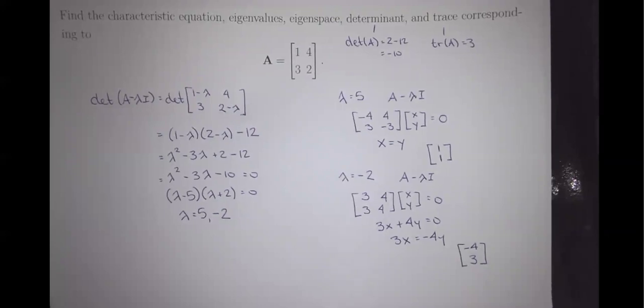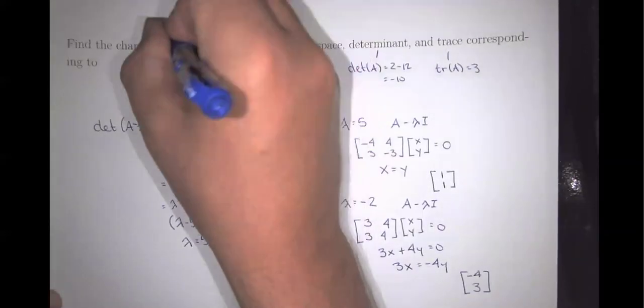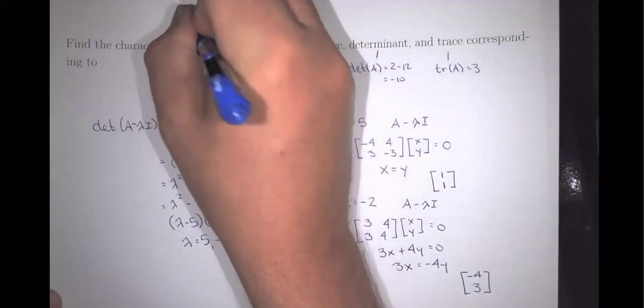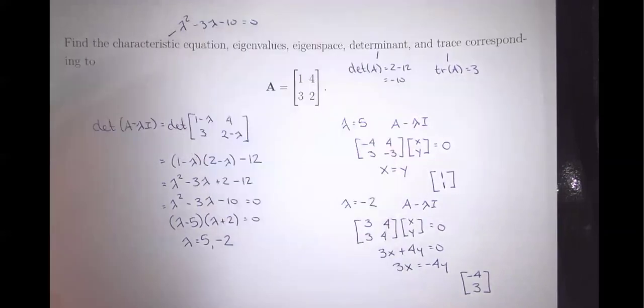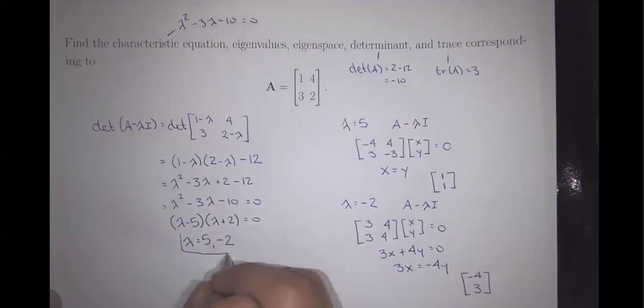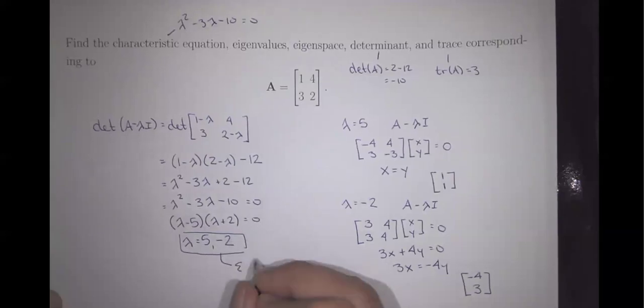So to recap, our characteristic equation, this guy here, is given by lambda squared minus 3 lambda minus 10 equals 0. Our eigenvalues are lambda equals 5 and lambda equals negative 2.